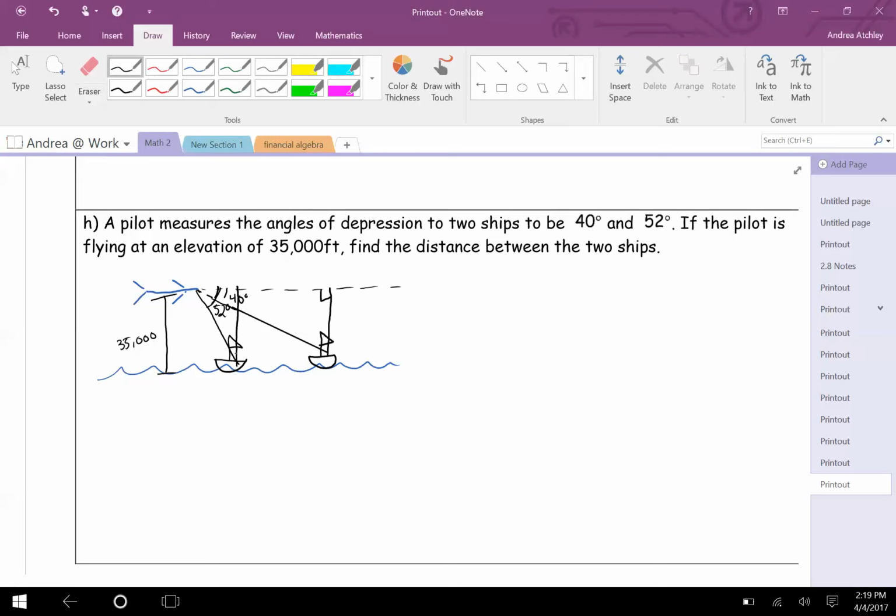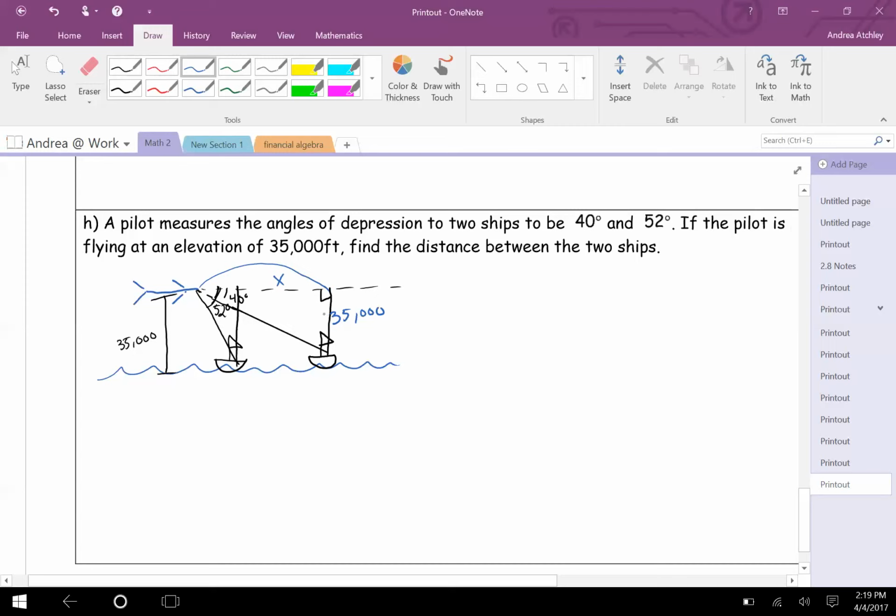Okay. Once I find that, could I find the distance between the two? Yeah. So let's start by labeling. How high up is the airplane? 35,000. Okay, this is going to be my X, that whole one right here, from here to here.